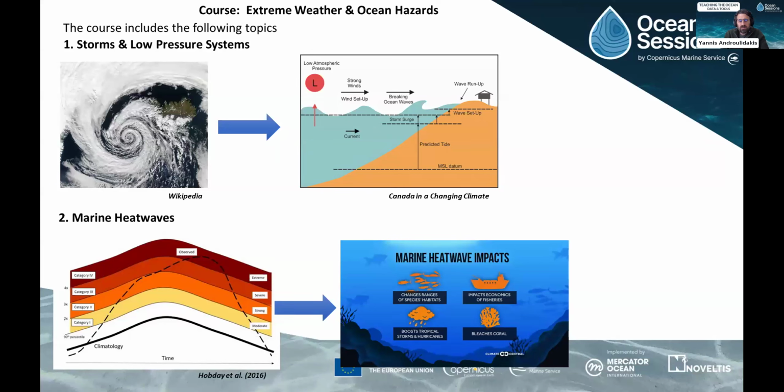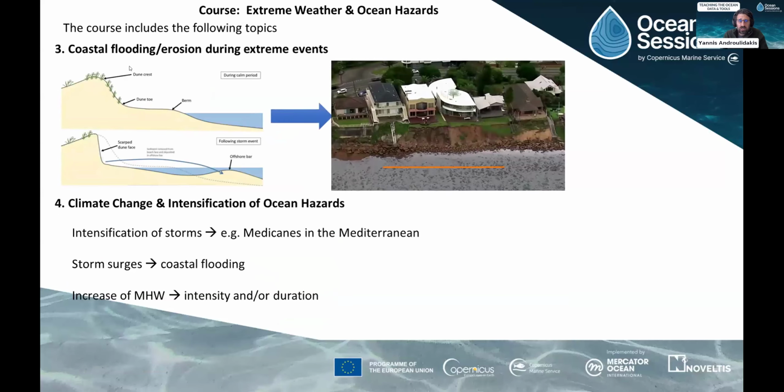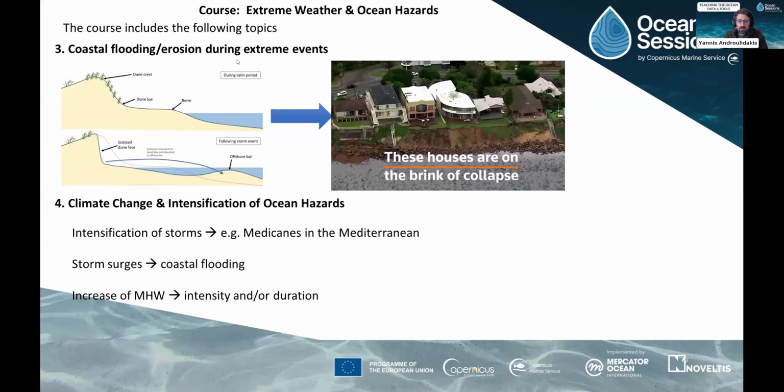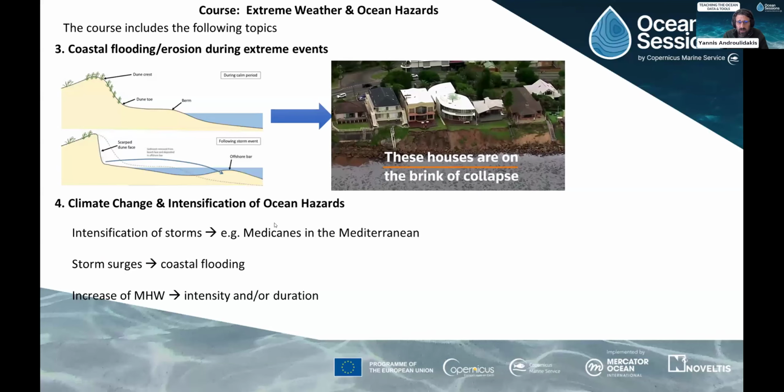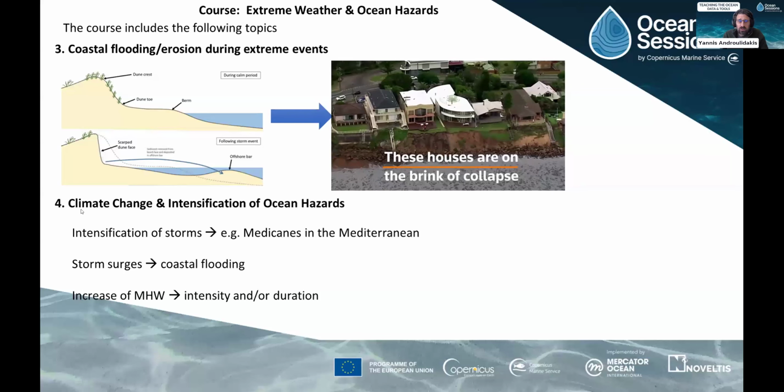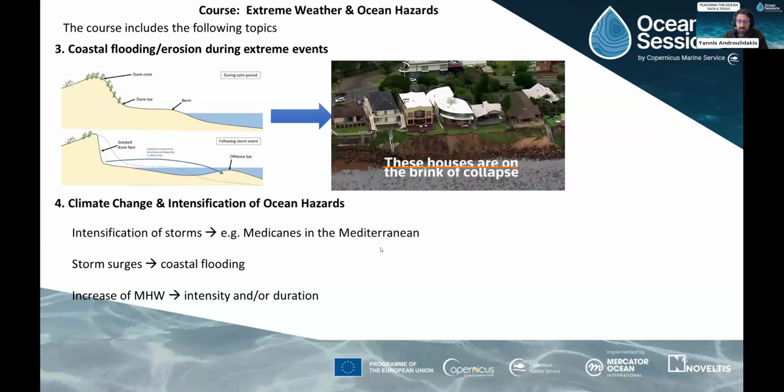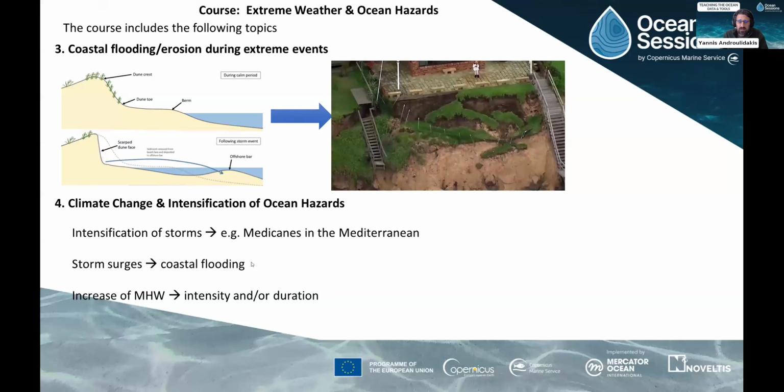These are the main scientific topics: the storms and low pressure systems, of course, marine heat waves, both their physical mechanisms and the detection of these events, and also the impacts on the ecosystem. Coastal flooding and erosion, especially during extreme events. We also talk about climate change and the intensification of ocean hazards.